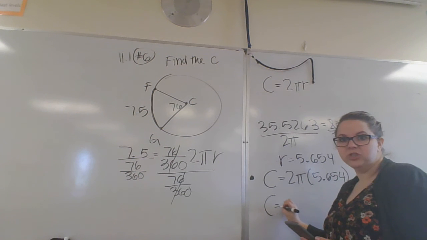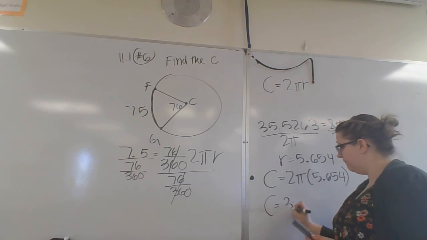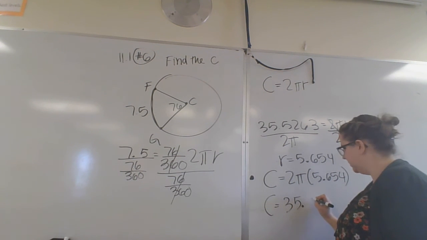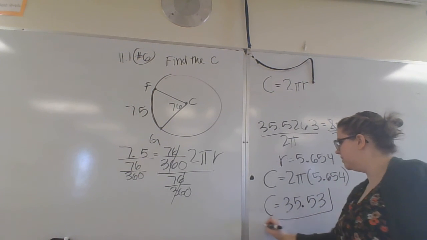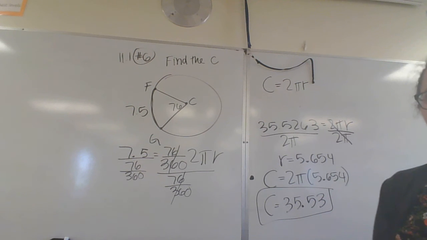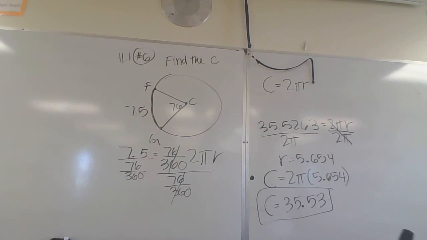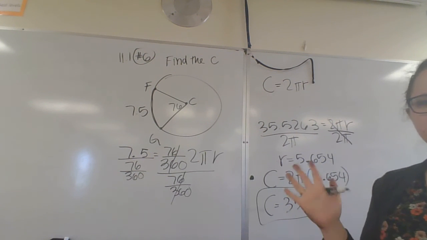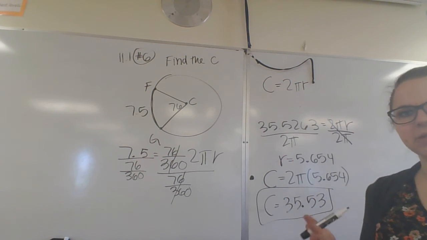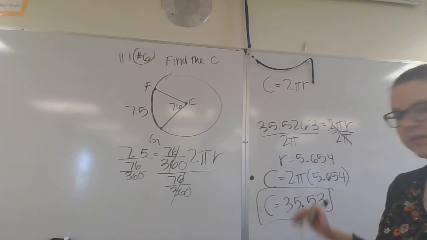So your circumference should equal 35.53, and that would be your answer. I know this one's a little different to do because each problem is asking for a different thing, but this is how you would do it.